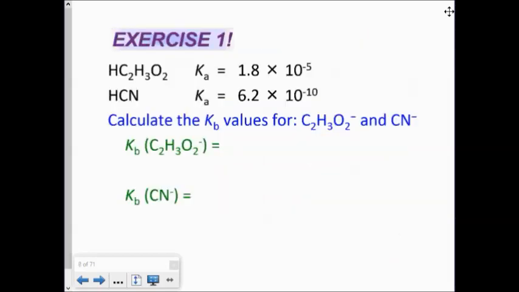Now, exercise 1. Here, we're looking at comparing acetic acid and hydrocyanic acid. So, C2H3O2 or HCN. Now do remember too that the organic way of writing acetic acid is at the top there.